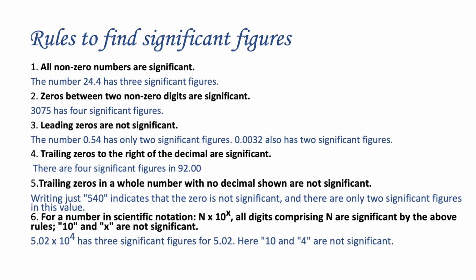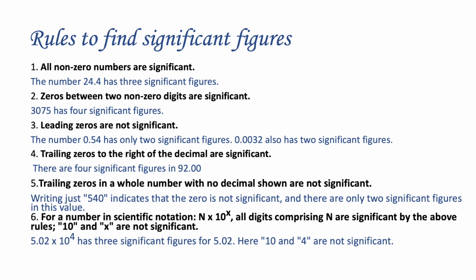Trailing zeros to the right of the decimal are significant. There are 4 significant figures in 92.00. Trailing zeros in a whole number with no decimal shown are not significant. Writing just 540 indicates that the zero is not significant and there are only 2 significant figures in this value.